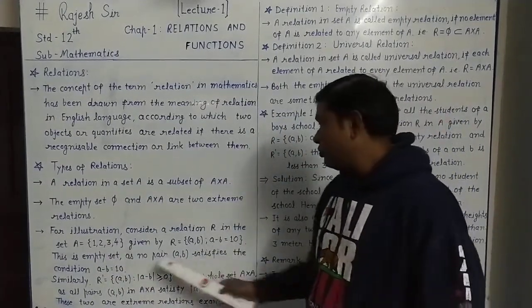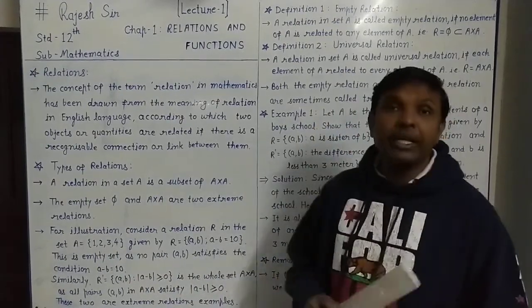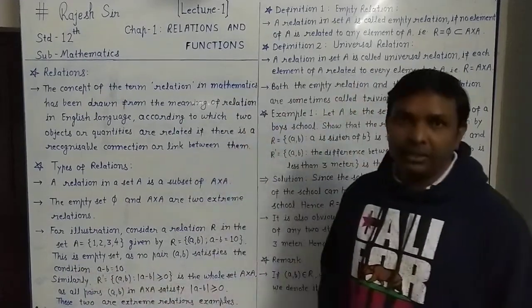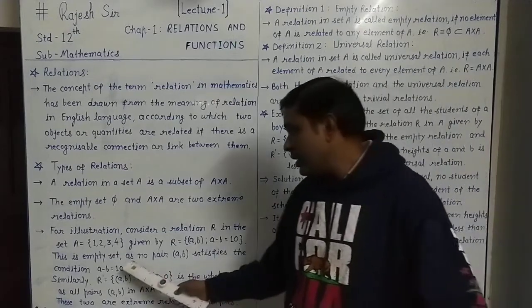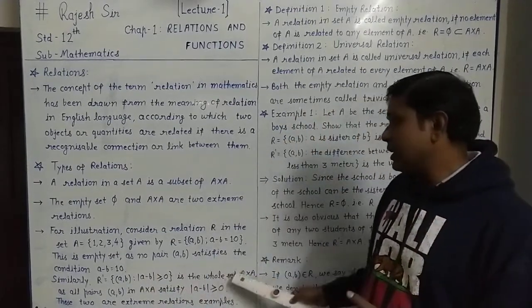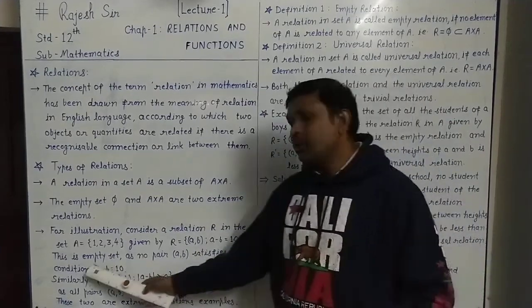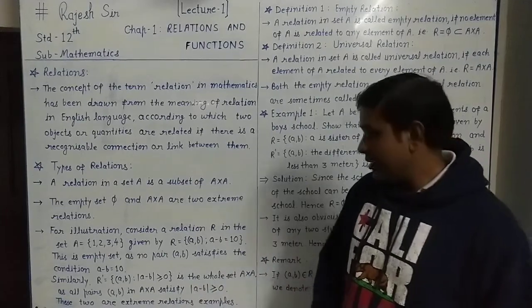If a = 1, b = 4, the difference will be -3. The difference will not be 10 anyway. So this is the empty set, because you are not getting any pair satisfying this relation. As no pair (a, b) satisfies the condition a - b = 10, this relation is an empty set, one example of an empty relation.